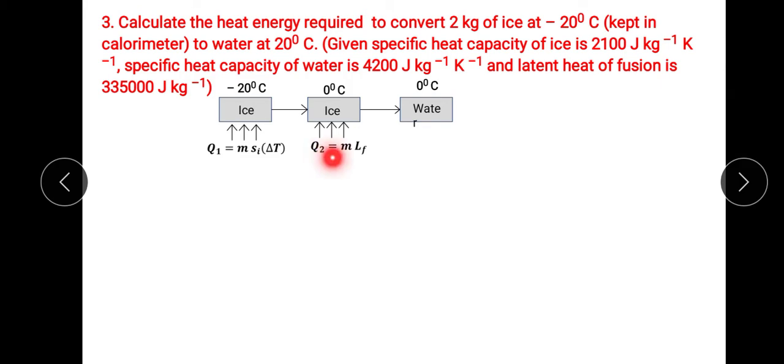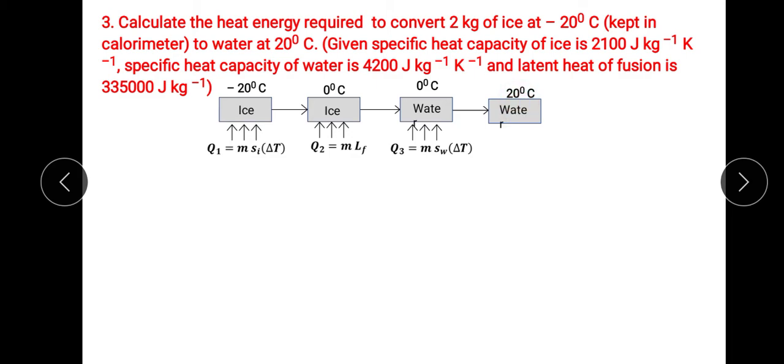So by absorbing this much of energy, the ice is converting from 0 degree Celsius of ice into 0 degree Celsius of water. Next, we need to convert 0 degree Celsius of water into plus 20 degree Celsius. Now for this step, Q3 is equal to M into SW into delta T. So this much of heat is required to convert 0 degree Celsius of water into 20 degree Celsius of water.